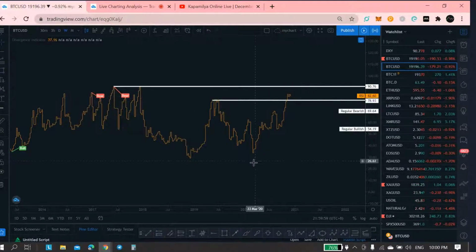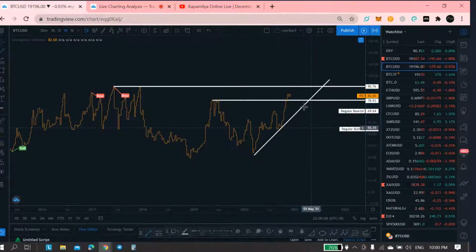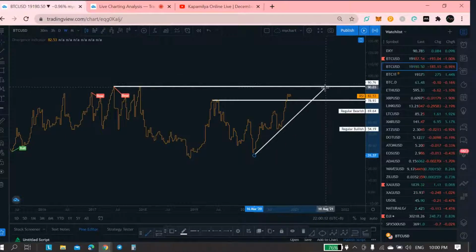A breakdown to that area, of course, you can use that as a possible next support area. So let's see how it goes.